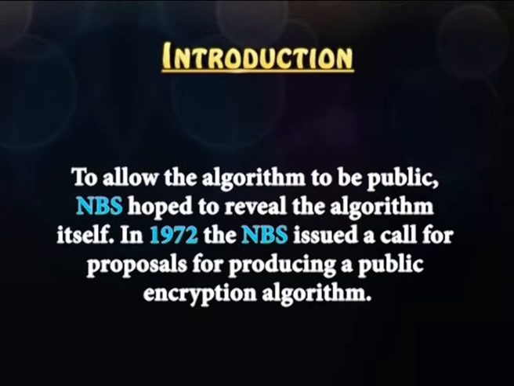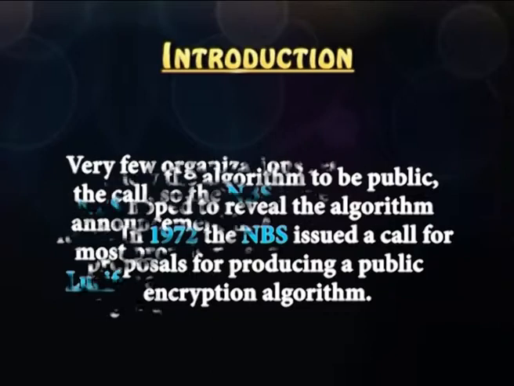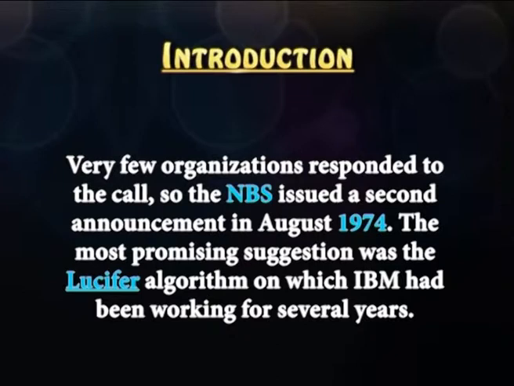To allow the algorithm to be public, NBS hoped to reveal the algorithm itself. In 1972, the NBS issued a call for proposals for producing a public encryption algorithm. Very few organizations responded to the call. So, the NBS issued a second announcement in August 1974.